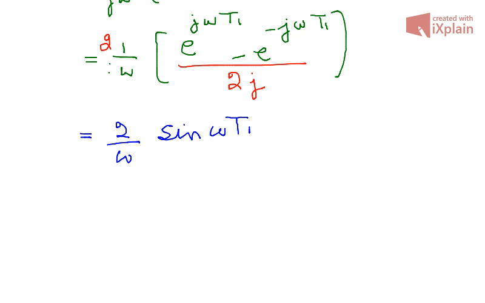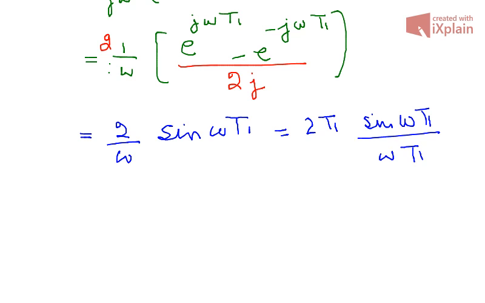Or if you observe it closely, you can also divide and multiply by t1, so you can say 2 t1, and write it as sine of omega t1 over omega t1.